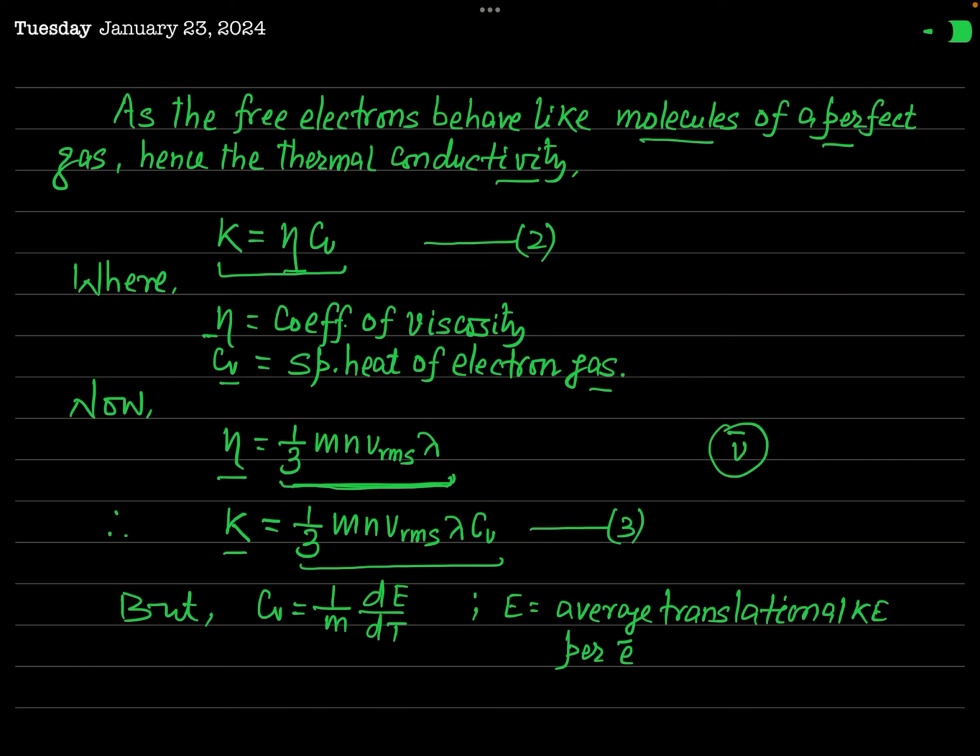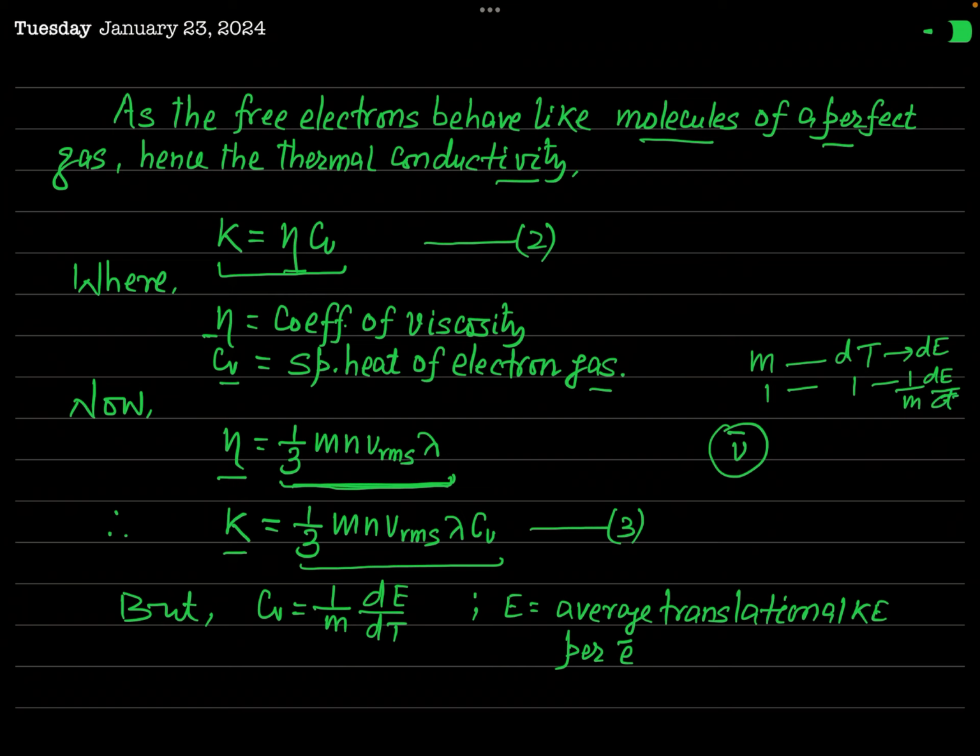But you know from the definition of specific heat capacity, it is the heat energy needed to increase the temperature of unit mass by unity. So if m is the mass of an electron and its temperature is increased by dT, and for this we need energy dE, then for unit mass, in increasing the temperature by unity, the needed heat will be 1/m dE by dT.